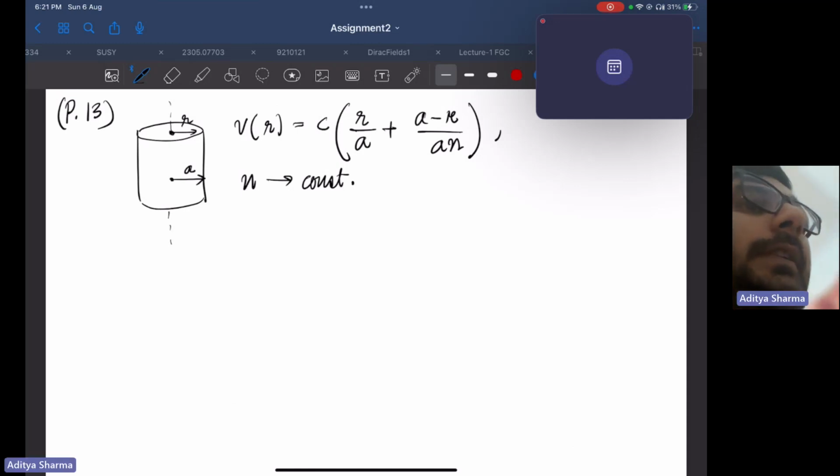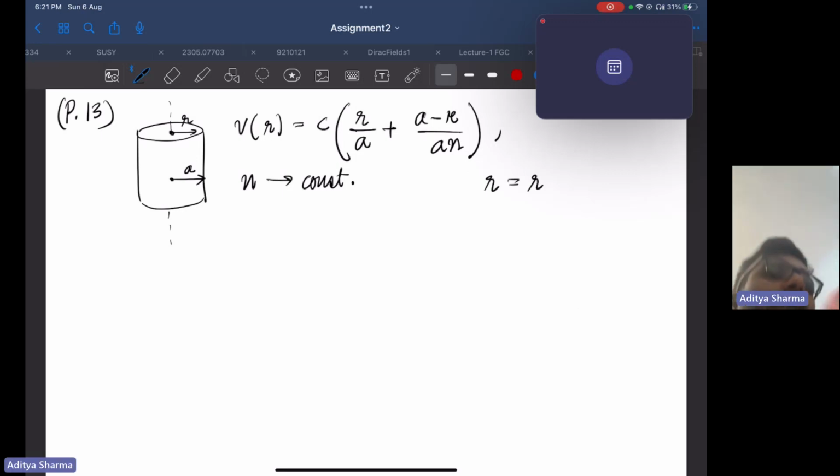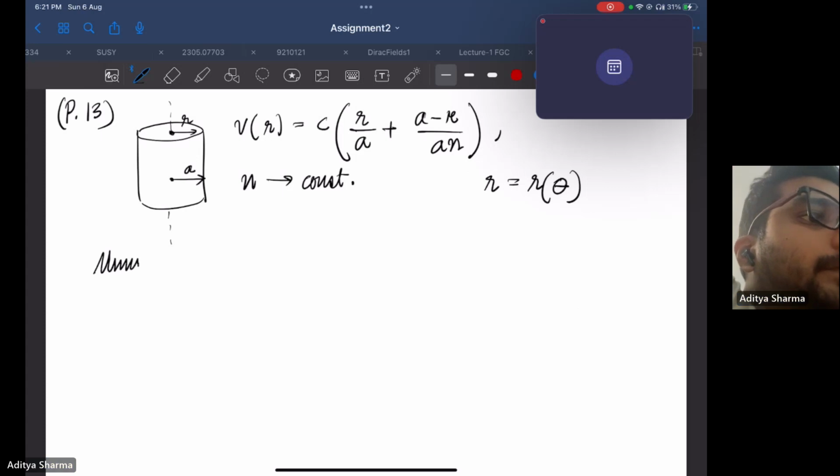So that means we should find a function r which satisfies Fermat's principle, and it should be a function of theta. So that's all. What we want to do in this problem is minimize time.